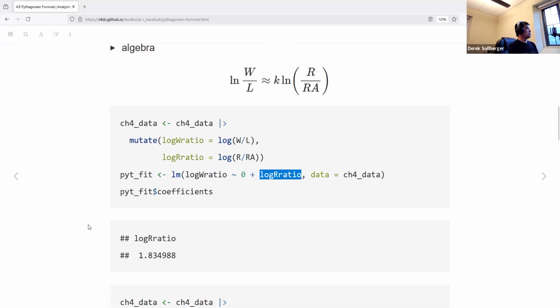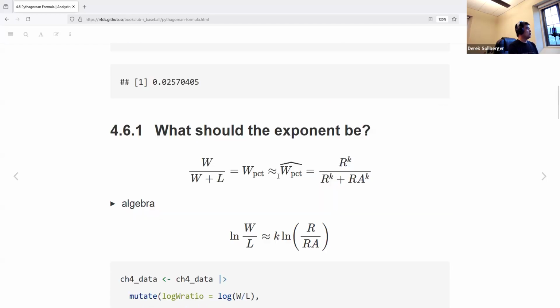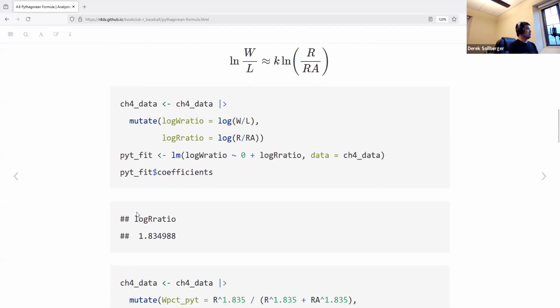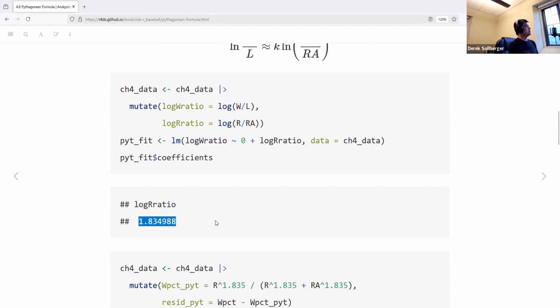If we're going to skip the intercept, when we ask for the coefficients, we're only going to get the one. In particular, this is figuring out what number k goes in the exponent spot. And we find that it might not be the best idea to use the number 2, but instead numbers such as 1.835.